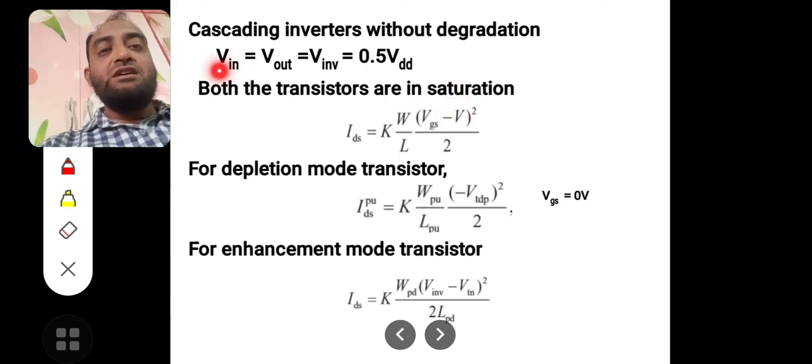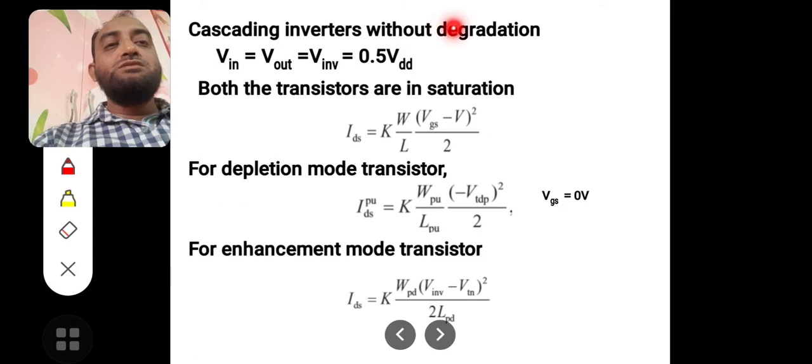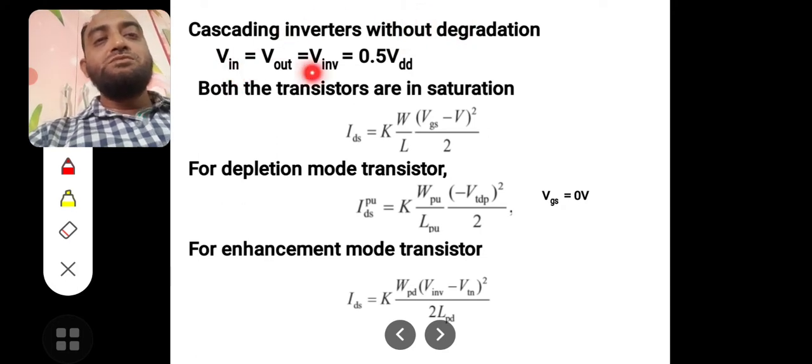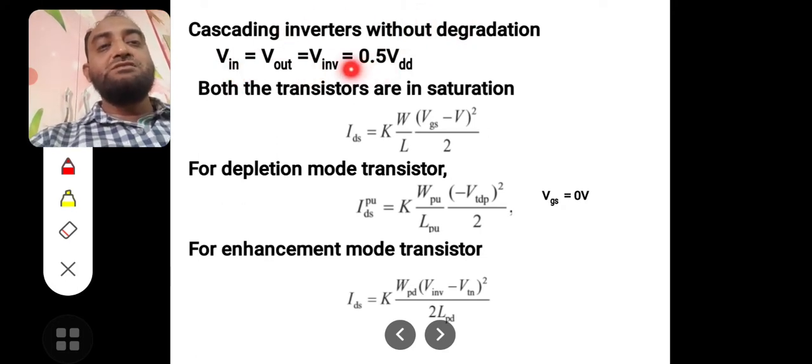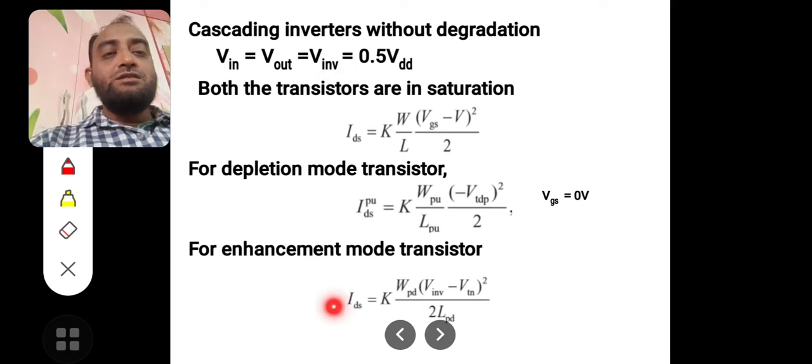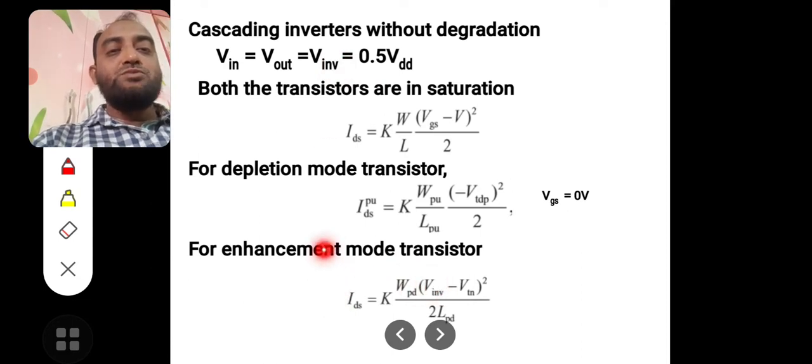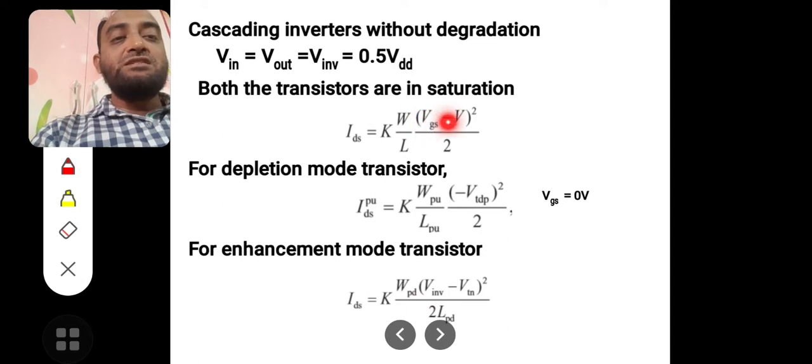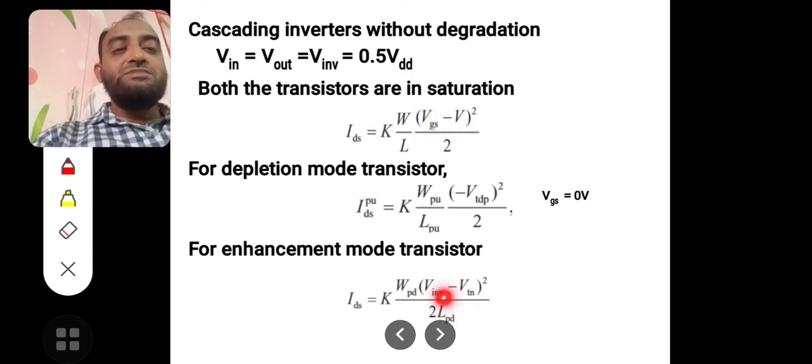Because we have already said that for good output, Vin should be equal to 50% of VDD, which is equal to VINV. The input is connected to the enhancement mode transistor, so the enhancement mode transistor gets 50% of VDD, which is VINV. That is why it is written as VINV minus VTN.